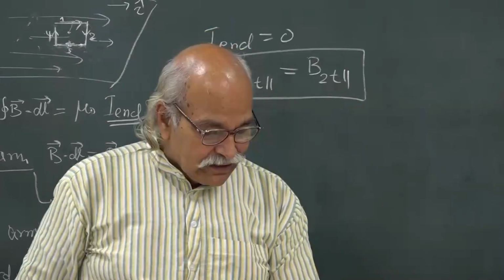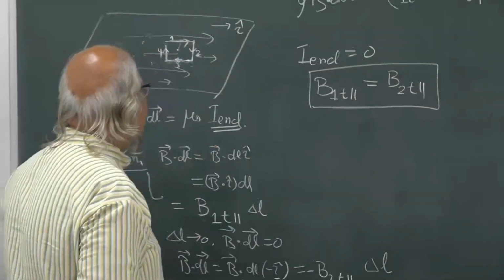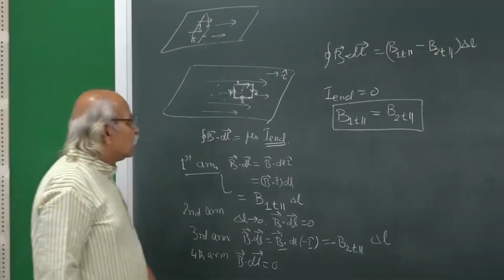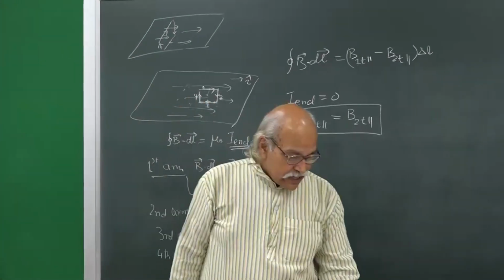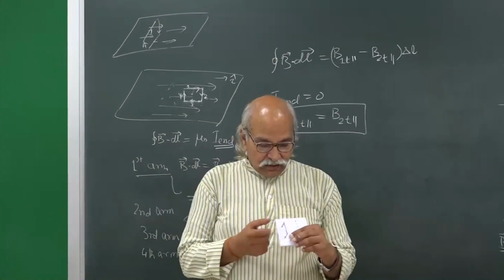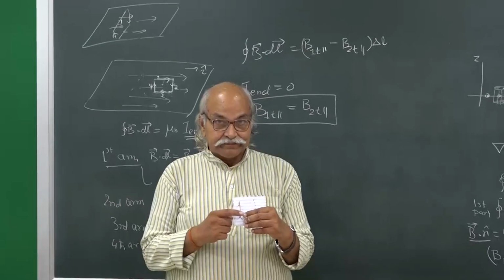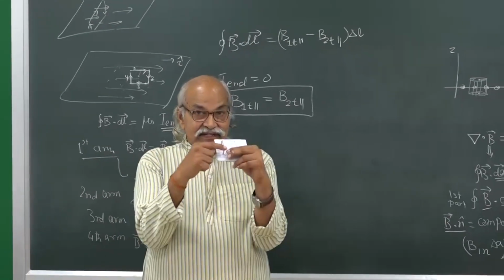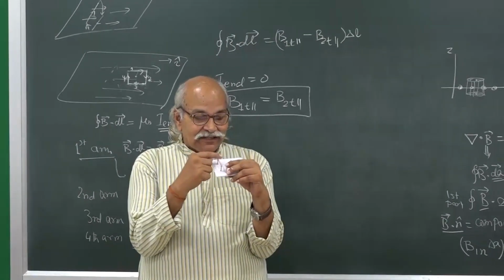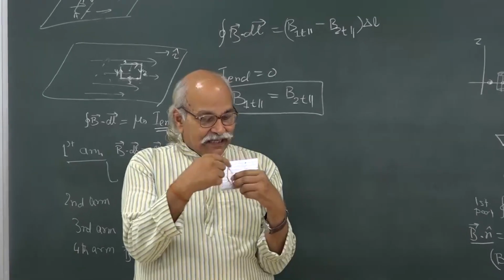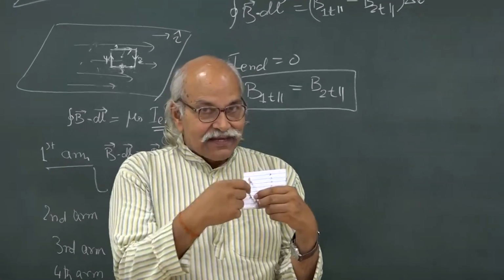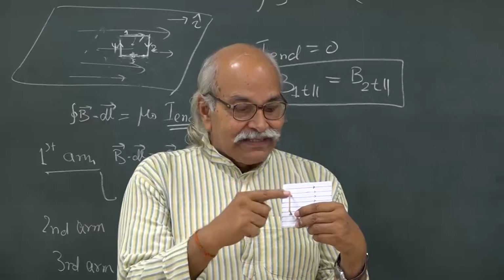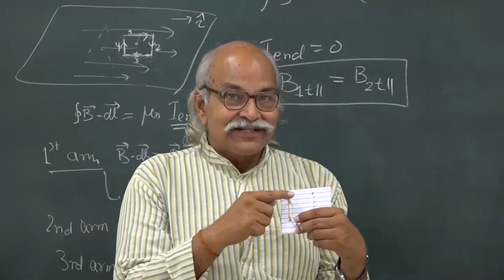So, that is the situation here, and once again you do all this analysis, and if you do this B dot dl here, the dl vector is now in this direction. So, if this is x and this is z, then what is this direction?